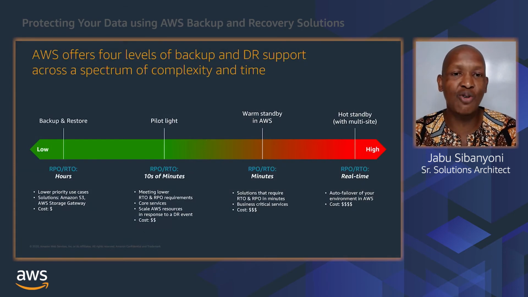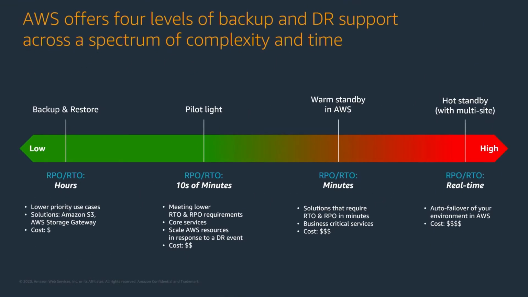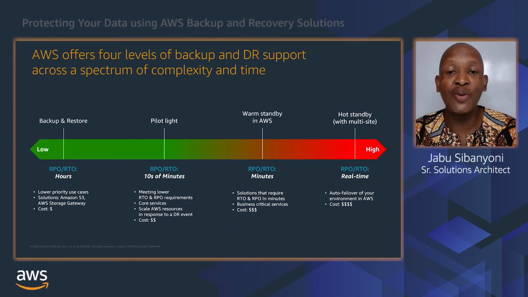So let's look at some of those strategies. First, AWS offers you 4 levels of backup and disaster recovery support. This is across a spectrum of complexity and time. For the low priority use cases, you are able to use backup and restore, where you can tolerate an RPO and RTO of hours.